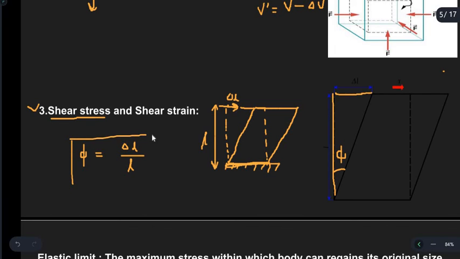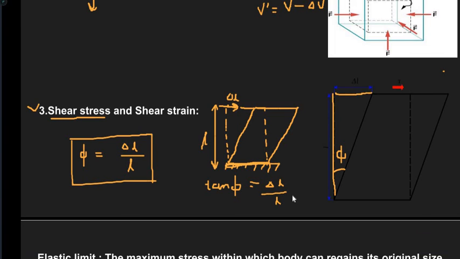Yes, I can be more specific here, because it might pose a problem for you. From trigonometry, it is better to say that tan phi is equal to your del L upon L. Now in maths you will learn some approximations.